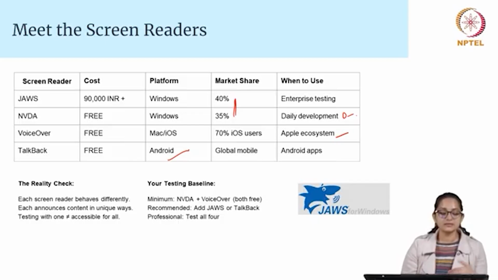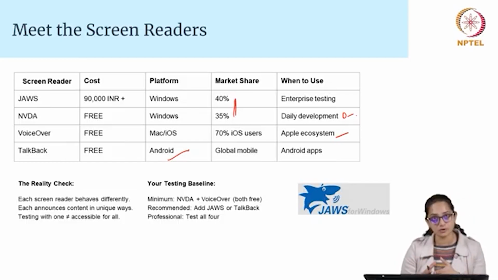So the reality check is that each screen reader behaves differently. Each announces the content in unique ways. Testing with one doesn't mean that your product will be accessible through all screen readers. This is an unfortunate truth, actually. Ideally, one would think that since we are making guidelines and benchmarks for developers, there should also be guidelines and benchmarks for assistive technology development.